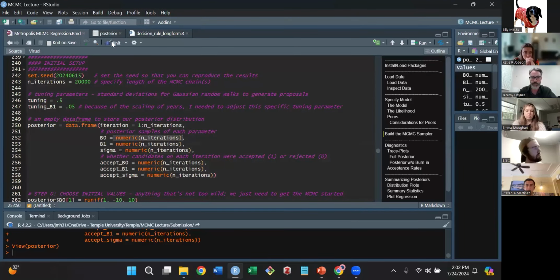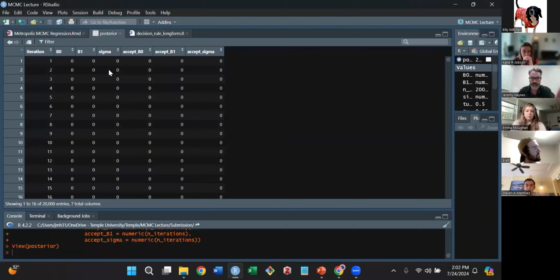Doing that sets all those values to 0, and that's perfectly fine. This will be important later, but we do want to determine whether candidates are accepted or rejected on each iteration of the MCMC. Those will be automatically set to 0, which means they're rejected, and we will fill them in with 1s whenever they're accepted.